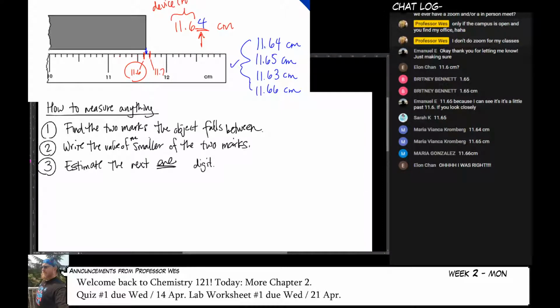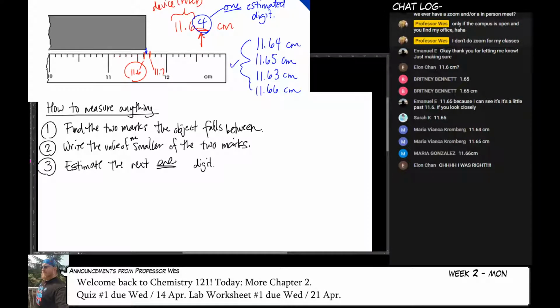In this case, that's the ruler. And then the last digit that we add in there, this is our one estimated digit. Okay, that's how you measure.